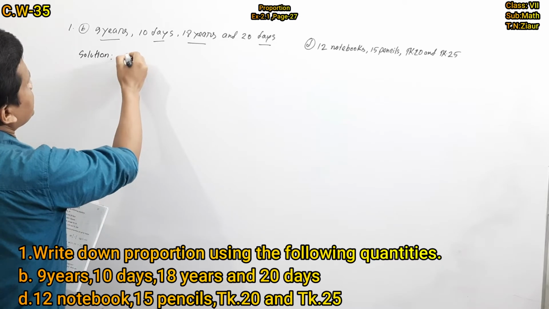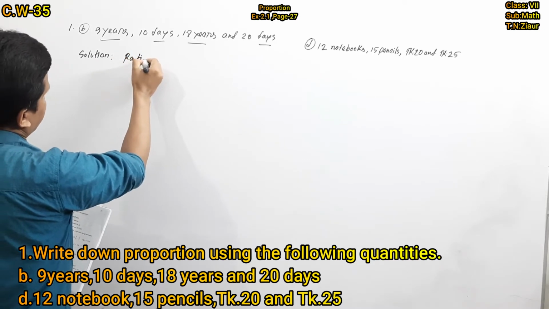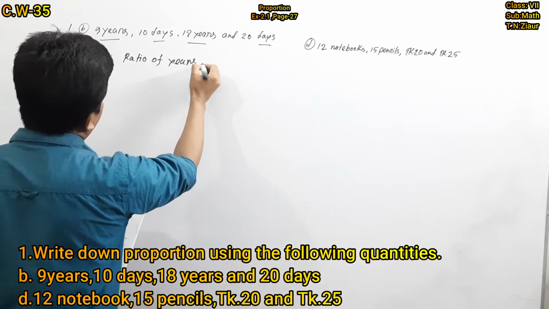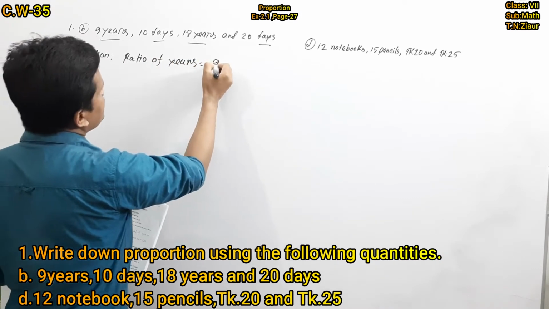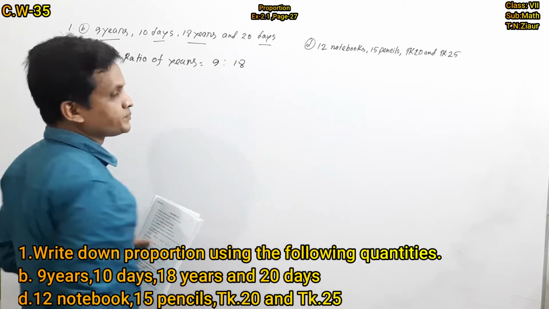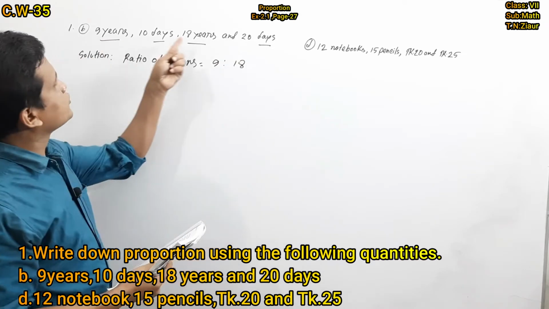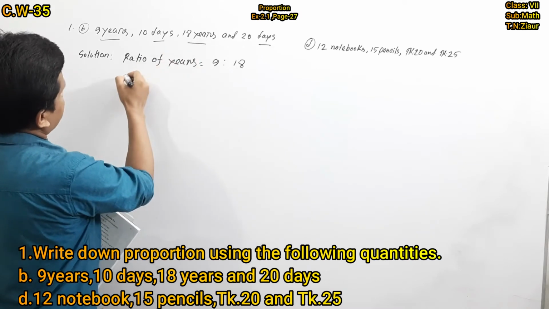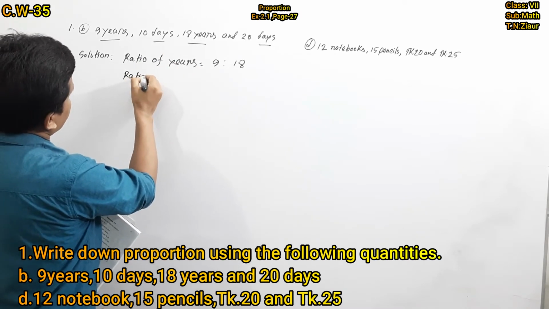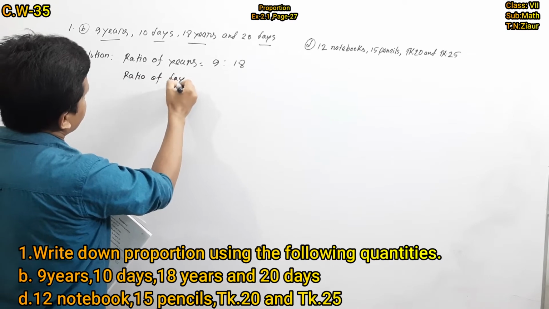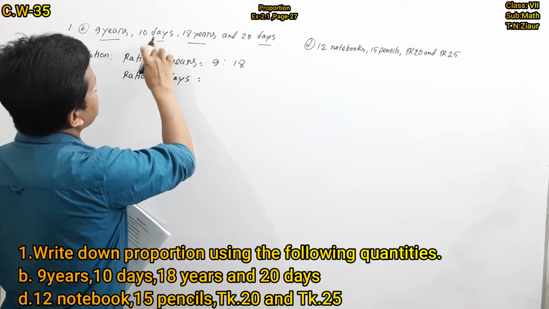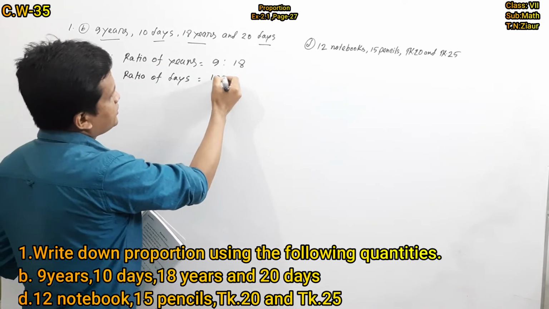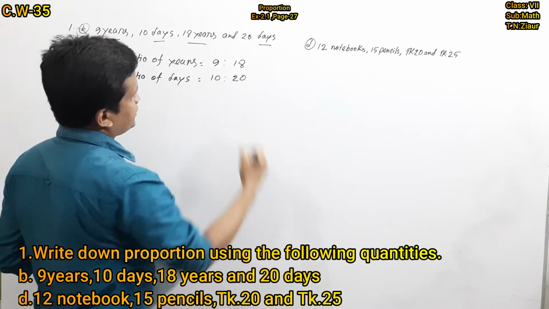So first we can write the ratio of years equal to what? 9 is to 18. Yes, 9 is to 18. Now ratio of days equal to what? Days is 10 days and 20 days. So 10 is to 20.